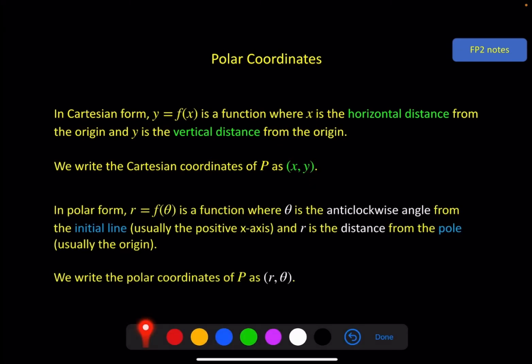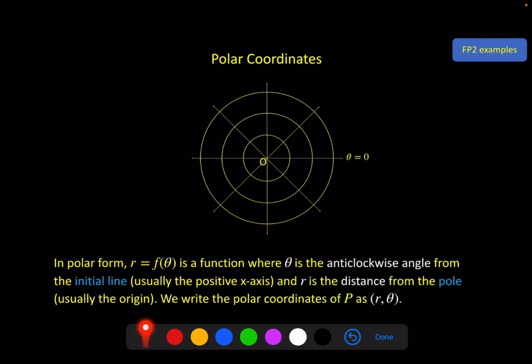By contrast, in polar form, r is equal to a function of theta, where theta is the anti-clockwise angle from the initial line, which is similar to the positive x-axis in terms of how it looks on the diagram, and r is the distance from the pole, which is the origin, usually. And we write that in a very similar way. Instead of (x, y), we write (r, theta).